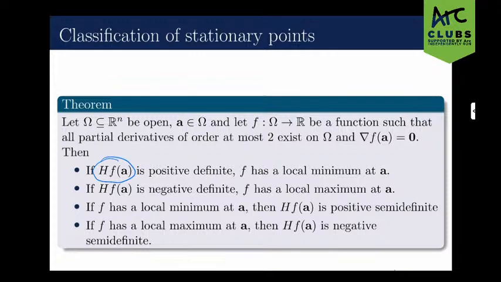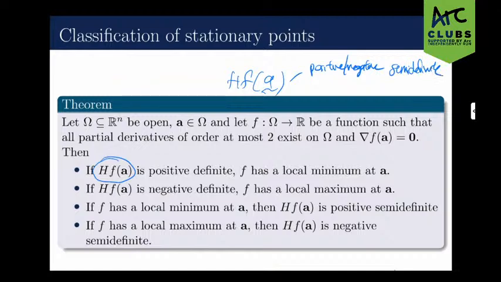And if negative definite, then f has a local maximum. It's important to note that if one of the eigenvalues is 0, then the Hessian is either positive or negative semi-definite. Based on this theorem, that actually means we don't have enough info to say whether this is a maximum or a minimum.